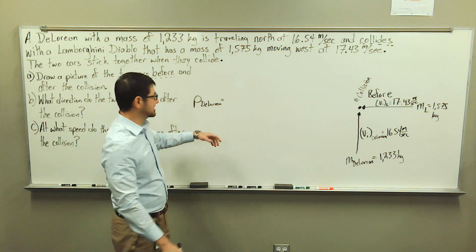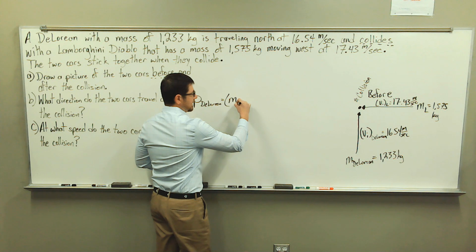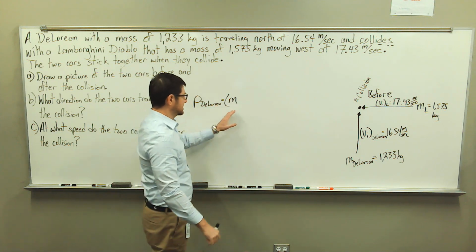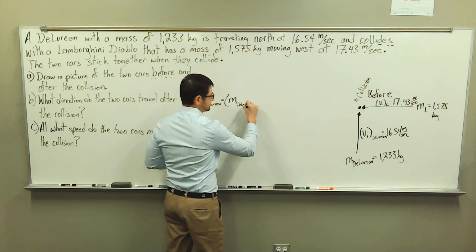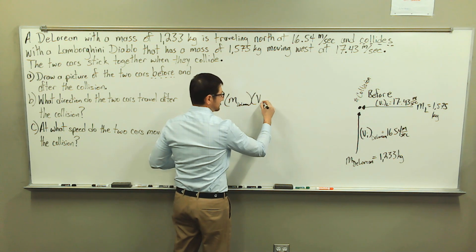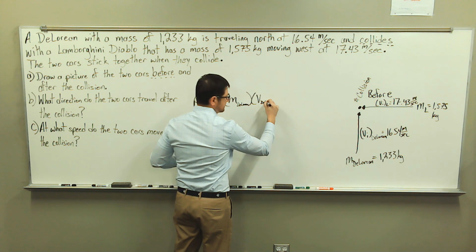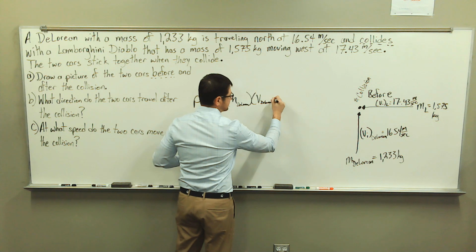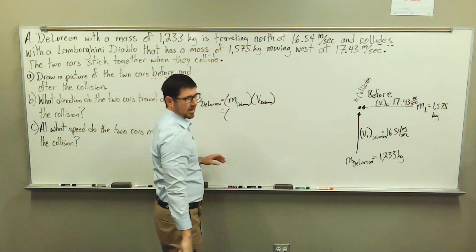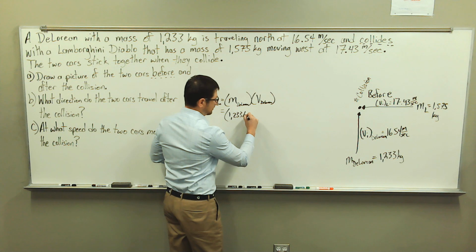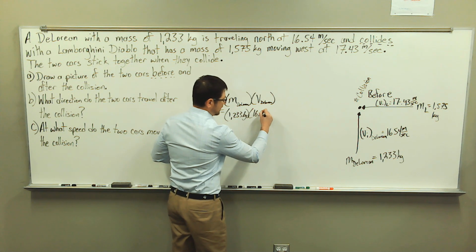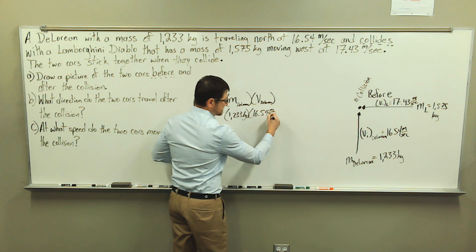So mass times velocity. I'll write down the base equation: m sub DeLorean times the velocity of the DeLorean. So what we've got is the product of 1,233 kilograms and 16.54 meters per second.